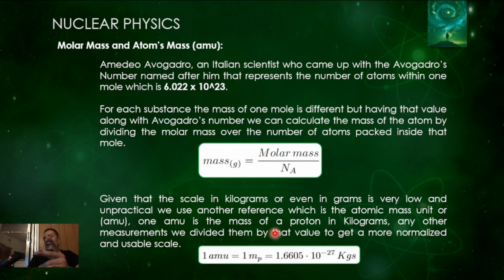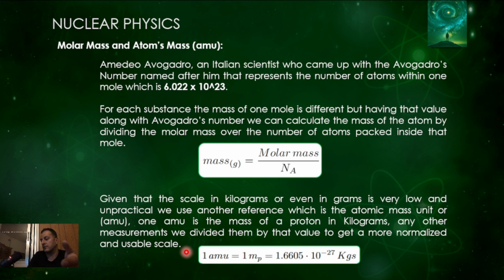So what is the AMU, or atomic mass unit? One atomic mass unit is actually the mass of a proton that we use as a scale, as a reference point. It is the mass of one proton in kilograms.